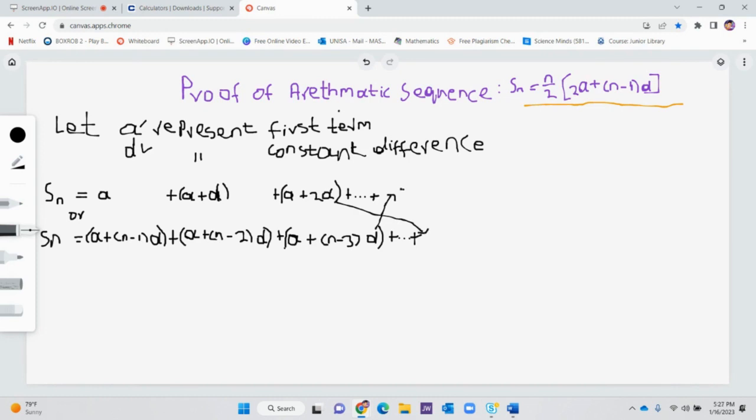So we just say a plus n minus 3 into d, plus a plus n minus 2 multiplied by d, and lastly plus a plus n minus 1 multiplied by d.